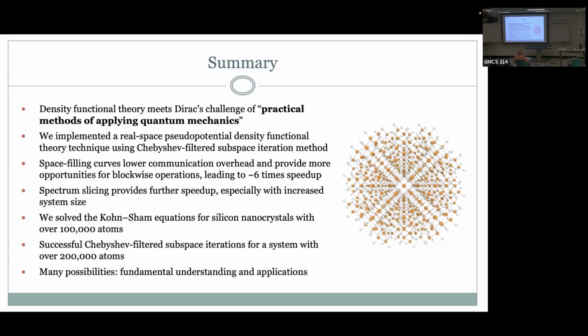We implemented space filling curves, spectrum slicing, and then we solved the Kohn-Sham equations for over 100,000 atoms. We went up to 200,000 atoms even. And as I mentioned, there are many possibilities in fundamental understanding and application. So I'd like to get some students and collaborators to explore some of these areas.